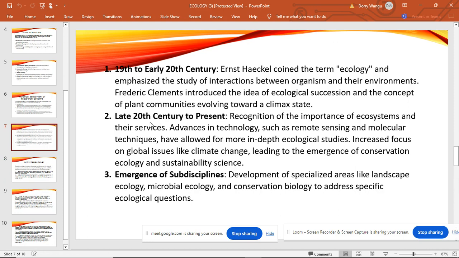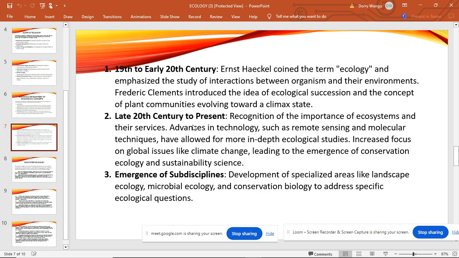The 19th to early 20th century: Ernst Haeckel coined the term ecology and emphasized the study of interactions between organisms and their environments. Frederic Clements introduced the idea of ecological succession and the concept of plant communities evolving towards a climax state.